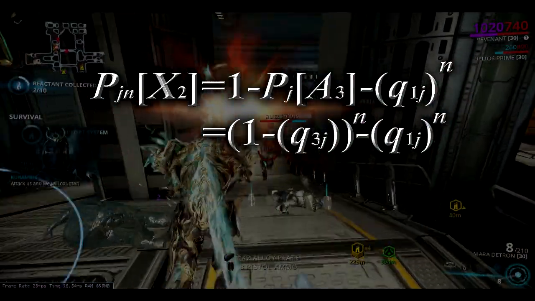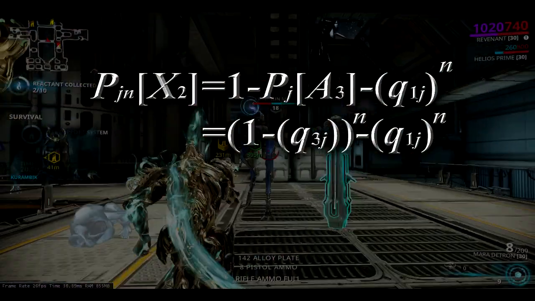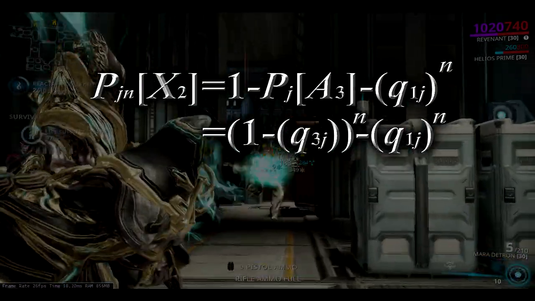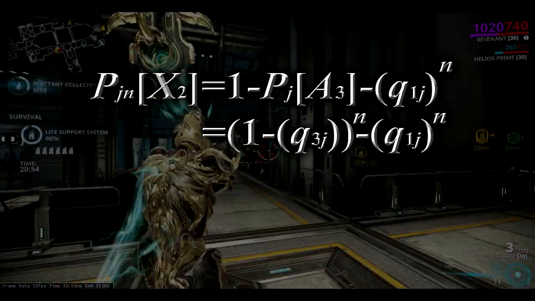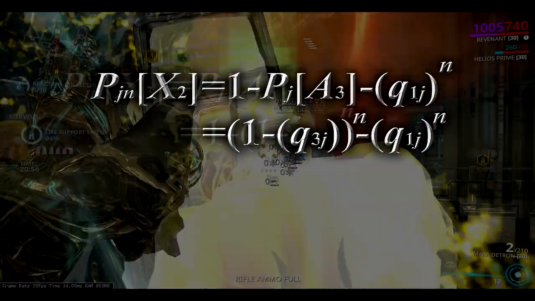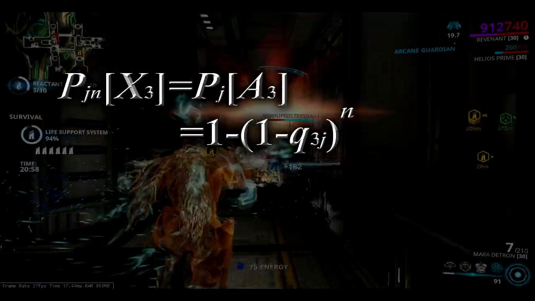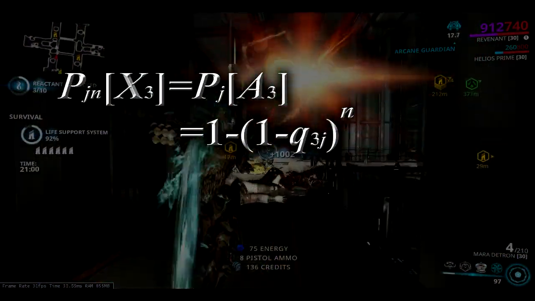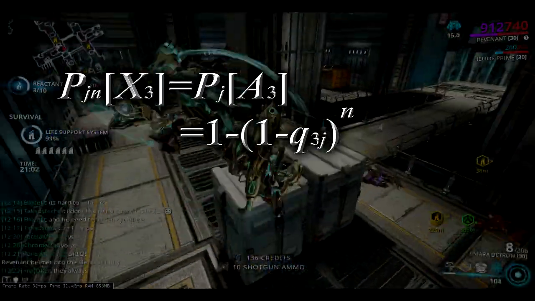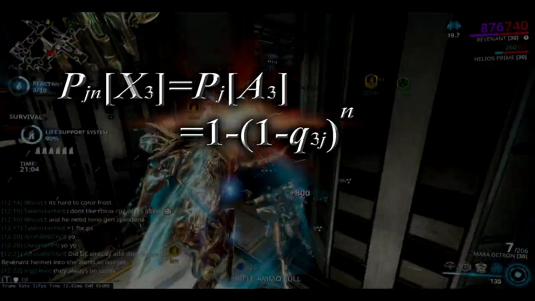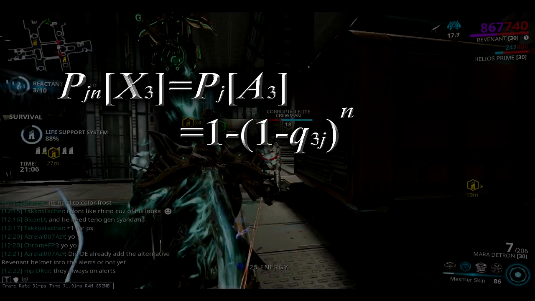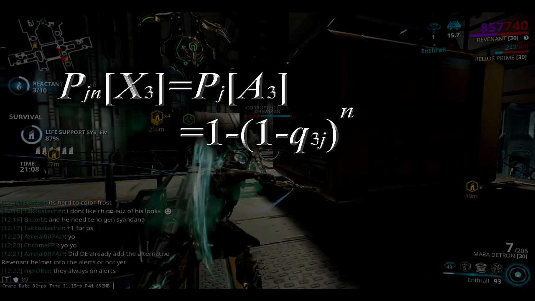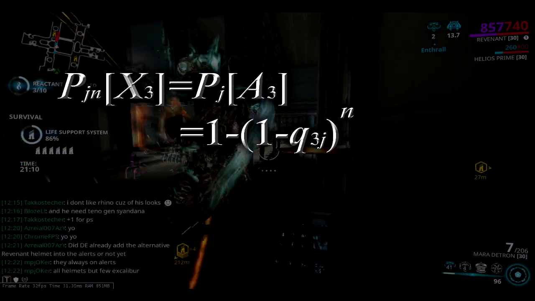From this you get 1 minus q3j all to the n. Take away q1j to the n. And hence, now all that's left is the probability with respect to jn of x3. Now, this, as we have seen before, is nothing more than the probability with respect to j of a3, because whenever you have from the set a3, the highest you can have is little x3.